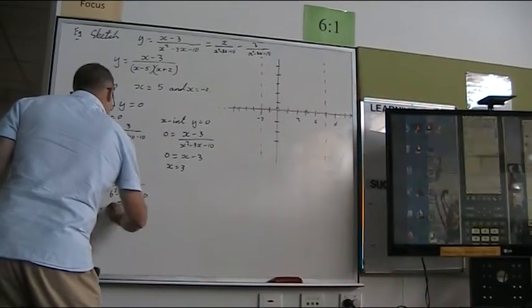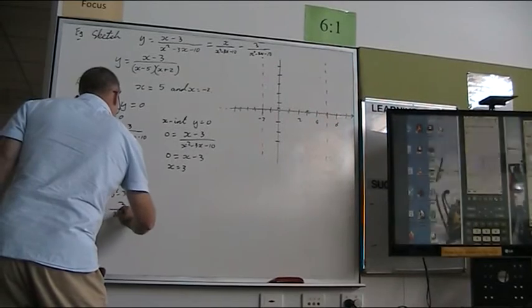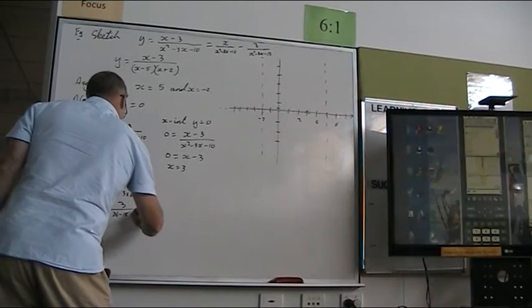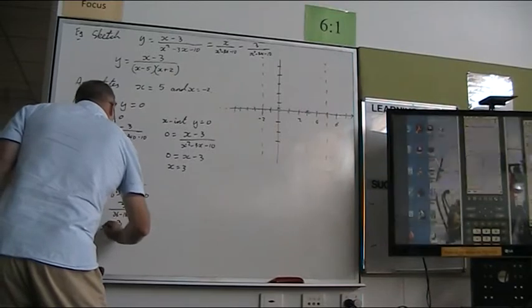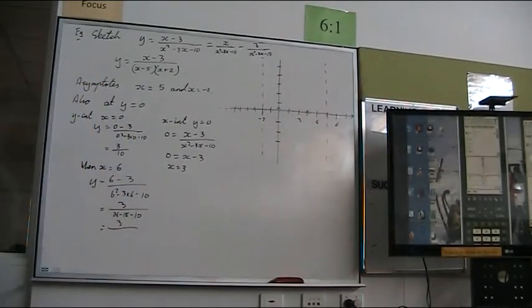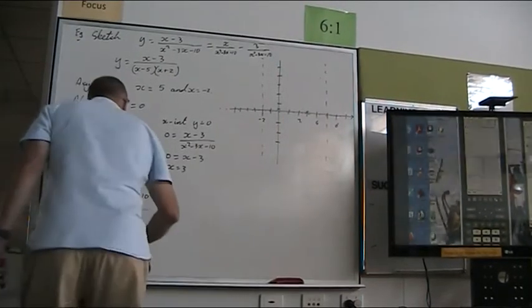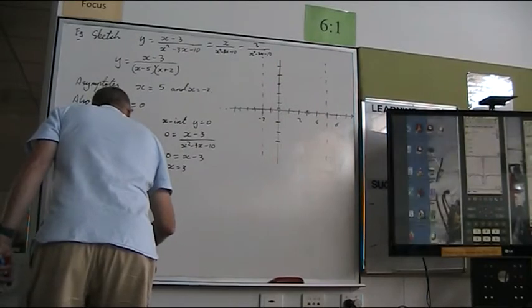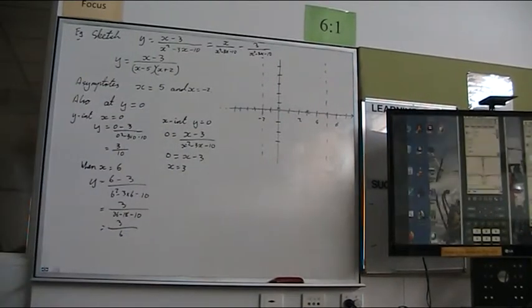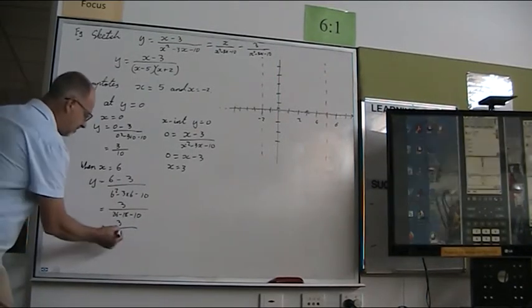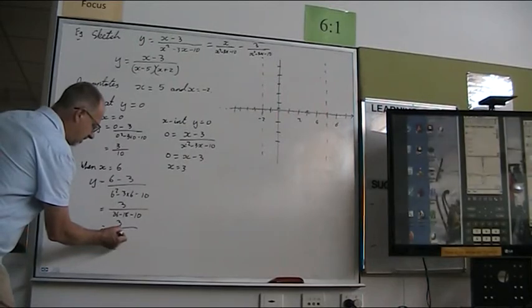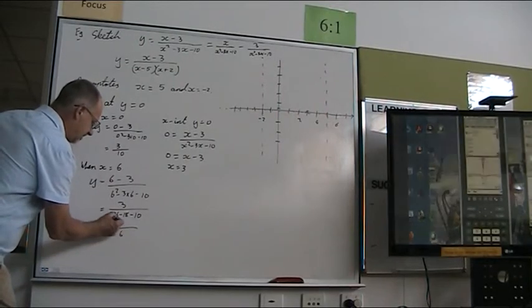So 3 over 36 take away 18, take away 10... Is that right? I think so. 8. 36, 26.